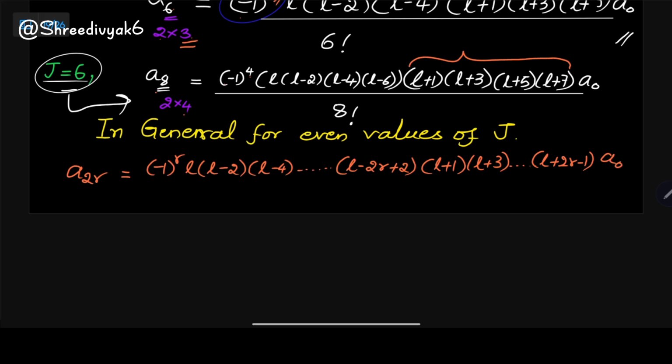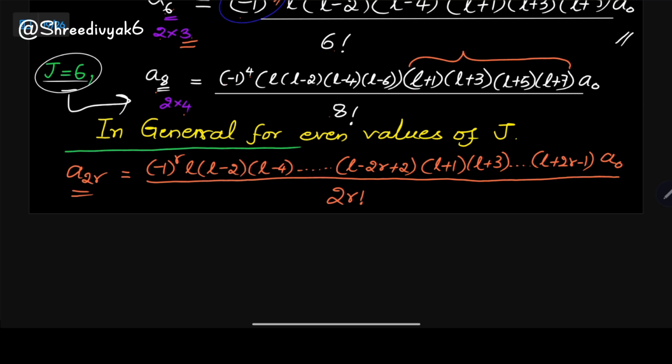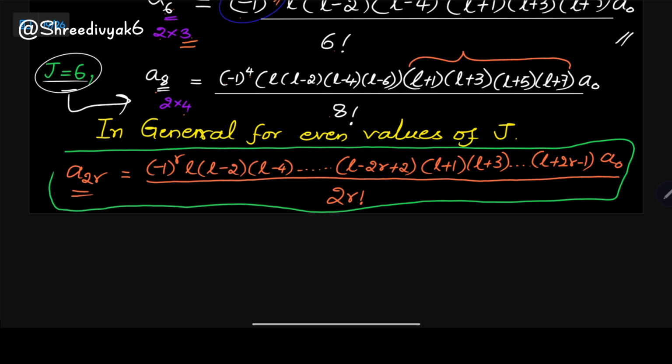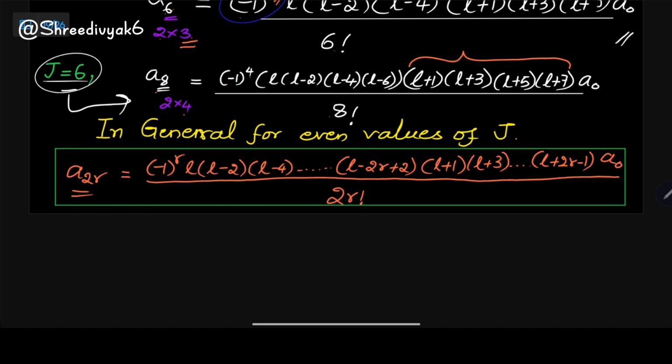Now the whole divided by the factorial term I should mention. Since it is a8 8 factorial, a6 6 factorial, same way for a2r, you will get 2r factorial. So this is the recursion relation for the even values of j.